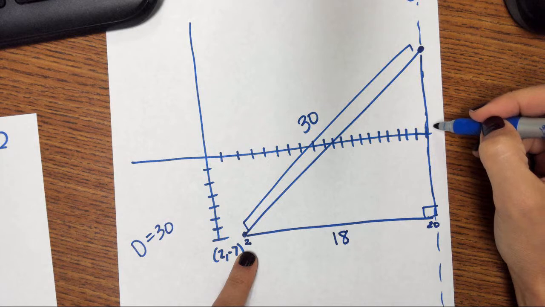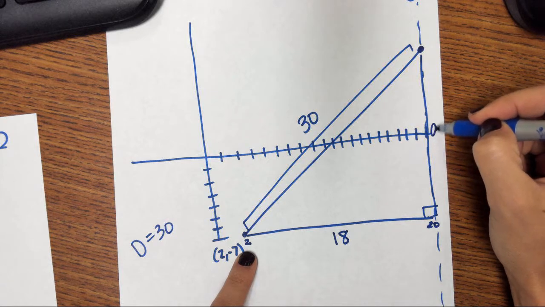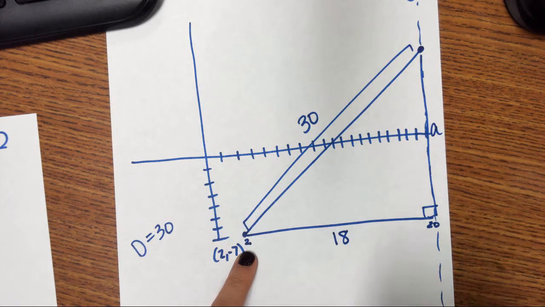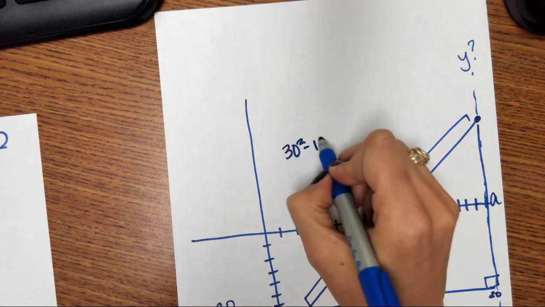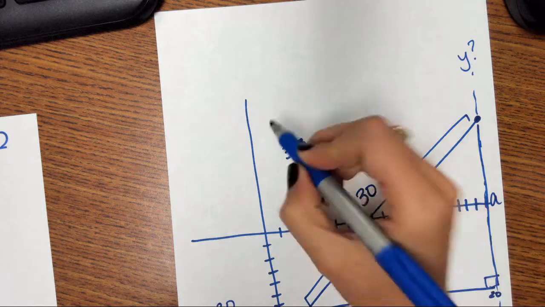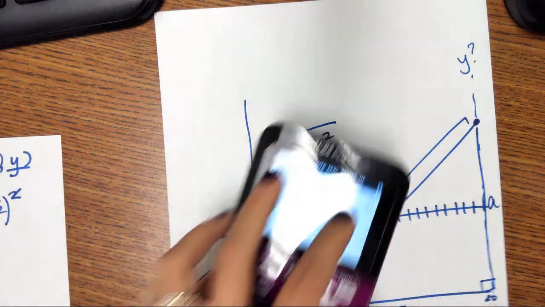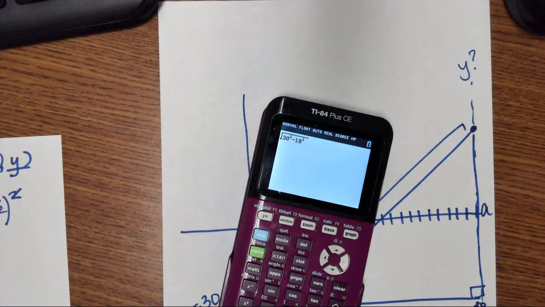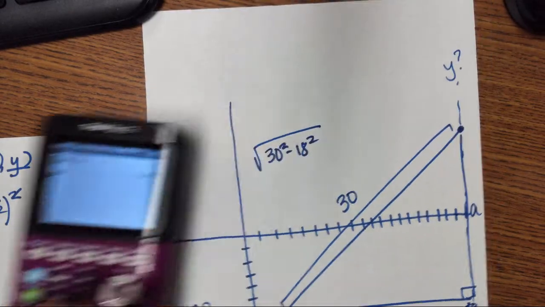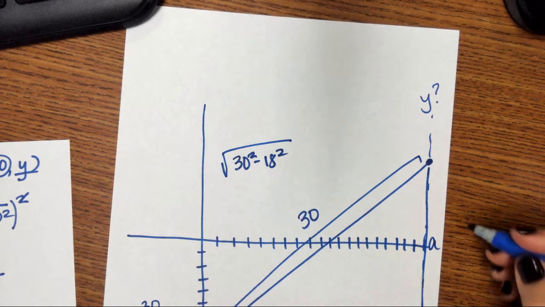Can I find what this is here? I'm going to call it A. Can I find A? Well, yeah, I can just use Pythagorean theorem. 30 squared minus 18 squared, square root that. So square root of 30 squared minus 18 squared. And I get 24.